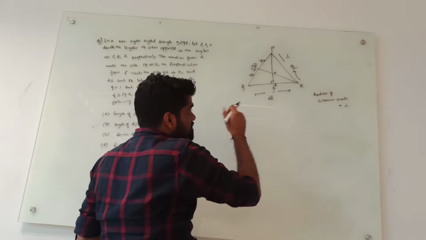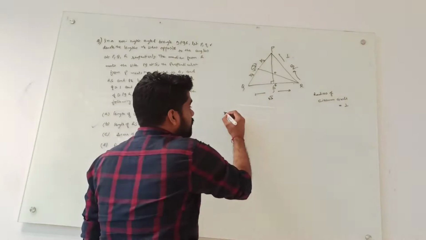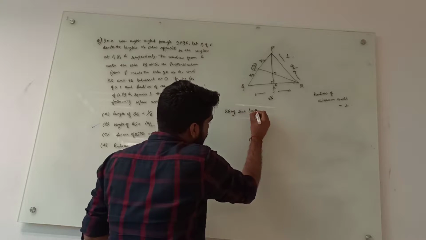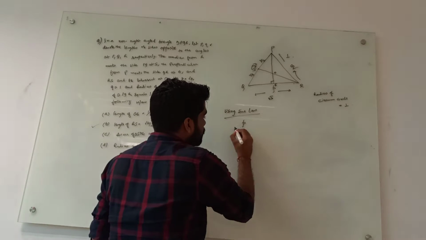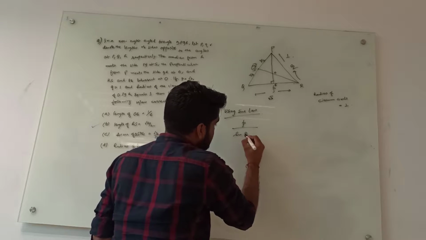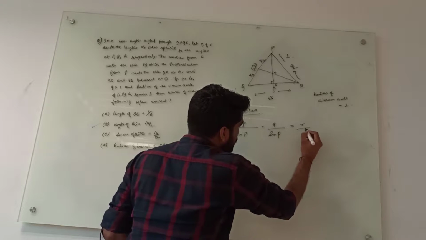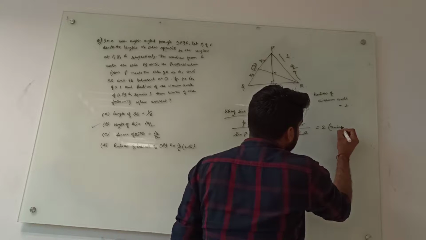First of all, because we know two of the sides of the triangle, can we use the sine law? Yes, so we will be using the sine law to start, and to find the values of the other sides and the angles. So it is p by sine P equals q by sine Q equals r by sine R equals 2 into the radius of the circumcircle.